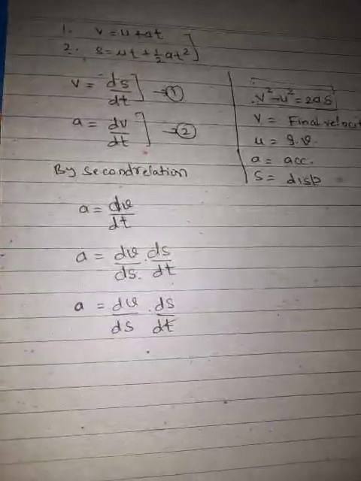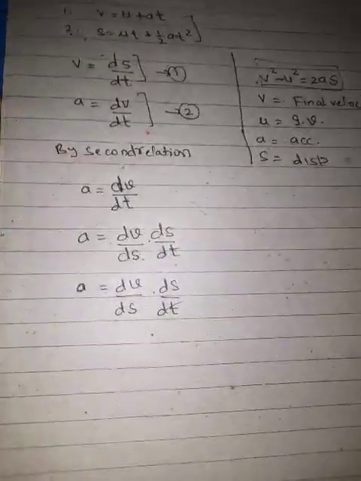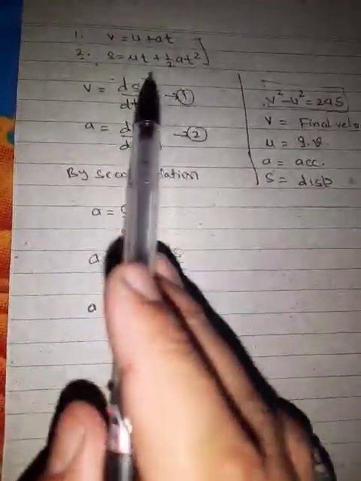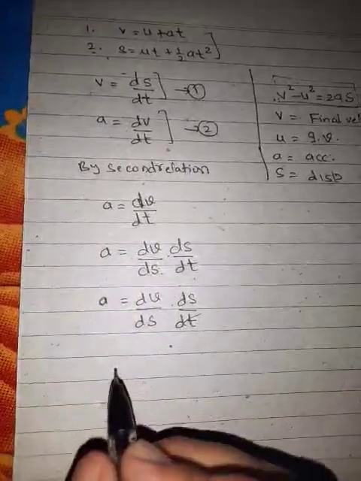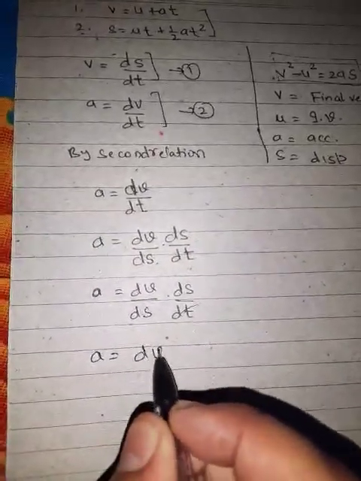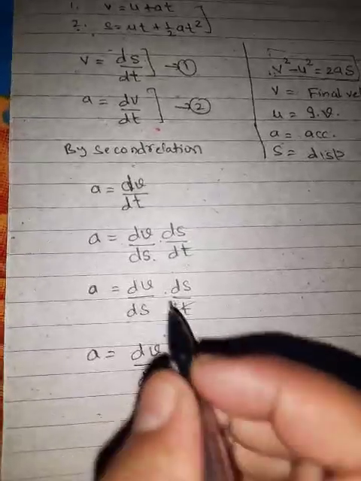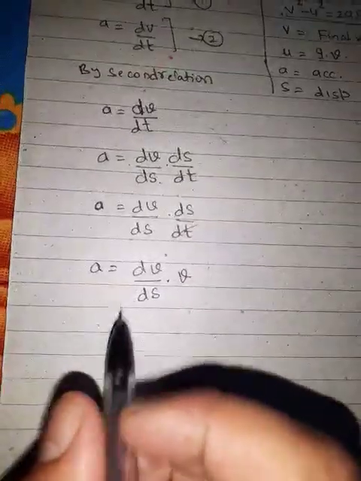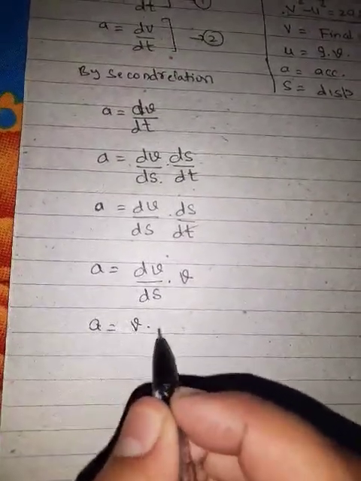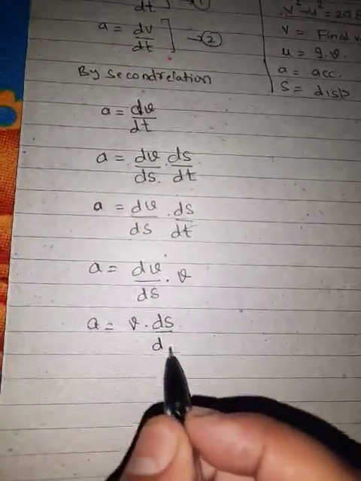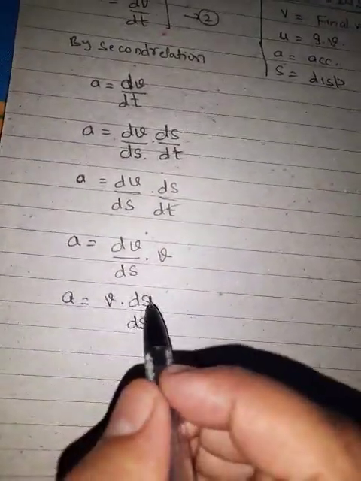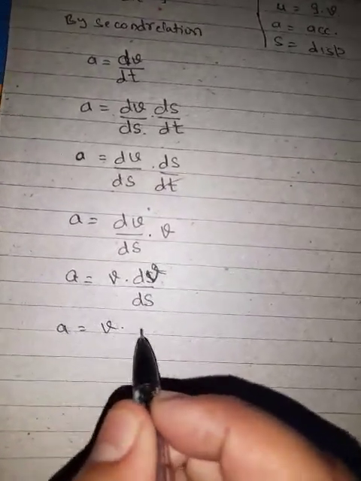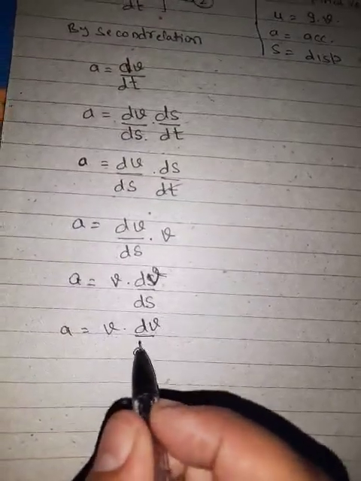So we divide by ds and multiply by ds, and we know that ds upon dt is equal to velocity. So we can write a is equal to v, ds upon dt, dv upon ds, and again v is equal to dv upon ds.